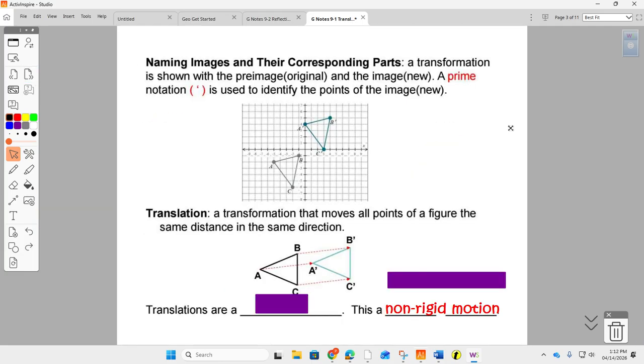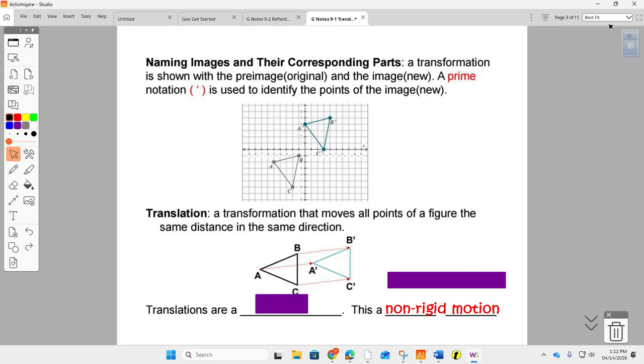So one of the things we need to know is how do you name the old image and the new image, right? The transformation is shown with the pre-image, the original, and the image, new. A prime notation, and that's just an apostrophe, is used to identify the points of the image, or the new.